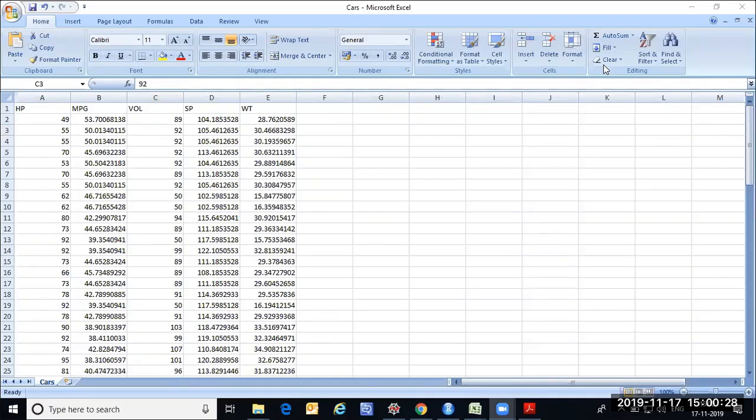Yes. Okay, fine. So now, MPG is our output variable that we are predicting, y. HP, volume, speed, weight, all these four are the independent variables or the input variables, which are again continuous.